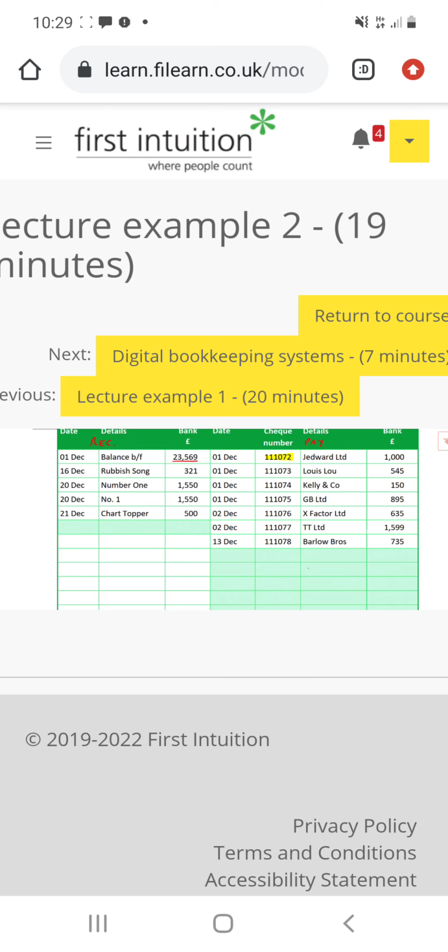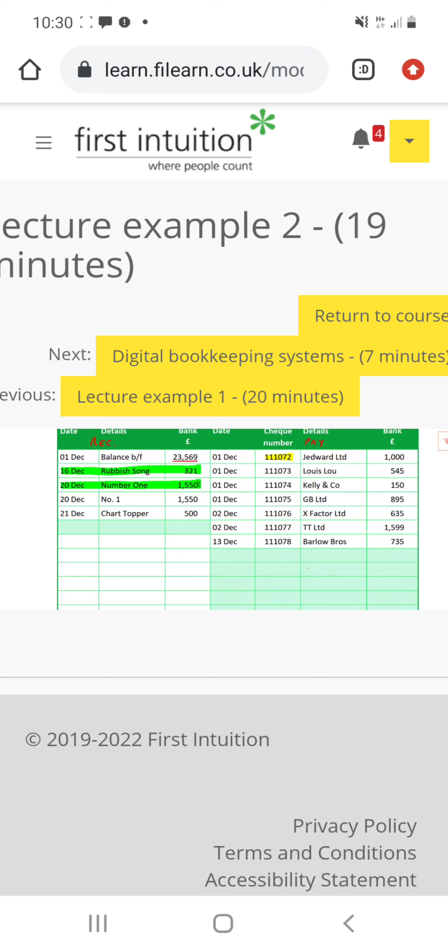Can I find that amount of 321? Yes, I can. Can I find an amount of 1550? Now, I've got a slight issue here because I can, but we seem to have number one. So we might need to think about this one a little bit more carefully, because I can definitely cross off one of those, can't I?